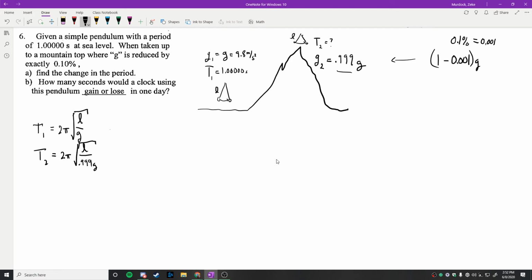Our goal is to find what this is equal to. So in order to simplify that, we're going to divide these two equations, this one over this one, and we'll see that a lot of things cancel. We'll end up getting T1 divided by T2 is equal to, the 2 pi's cancel, the L's cancel, and what we're left with is this.